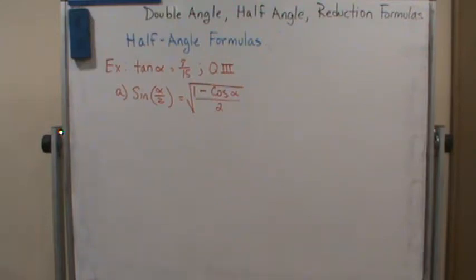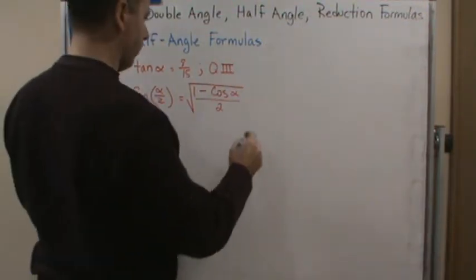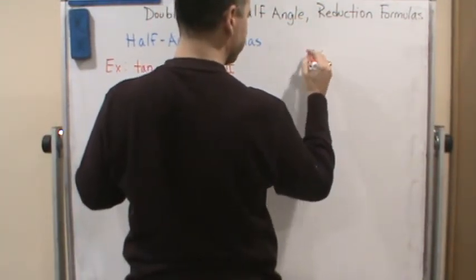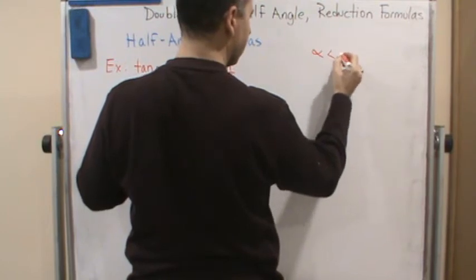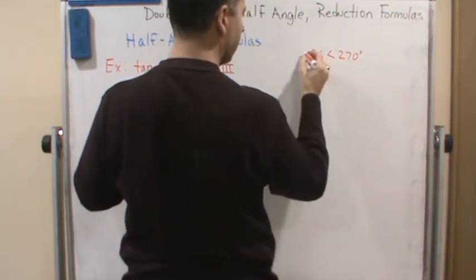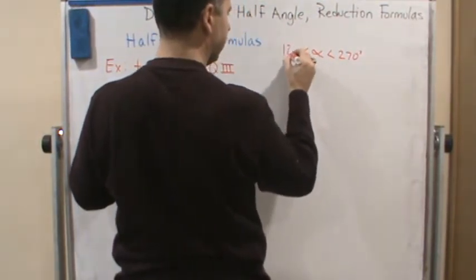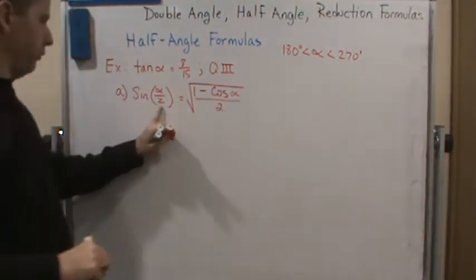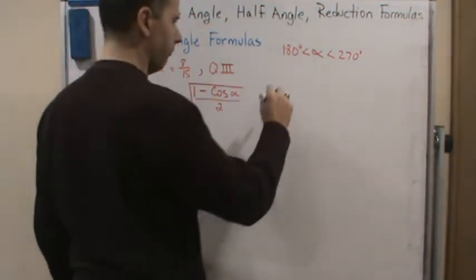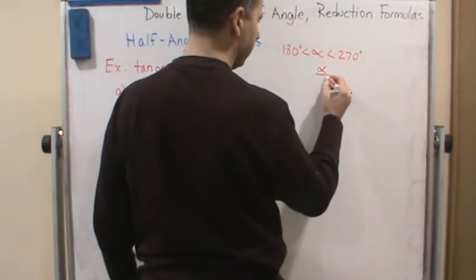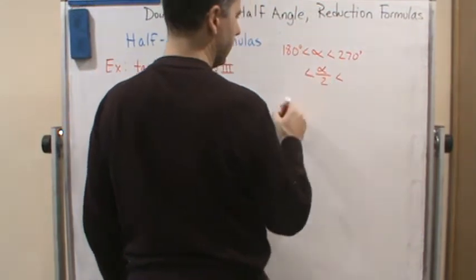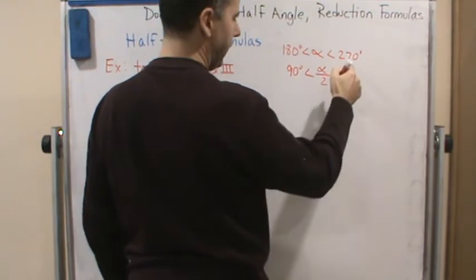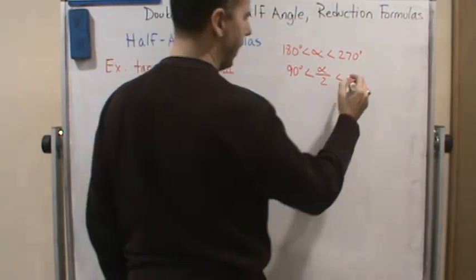Alpha is less than 270 and greater than 180, but now we want alpha over 2, so it's between half of this, which is 90, and half of this, which is 135.